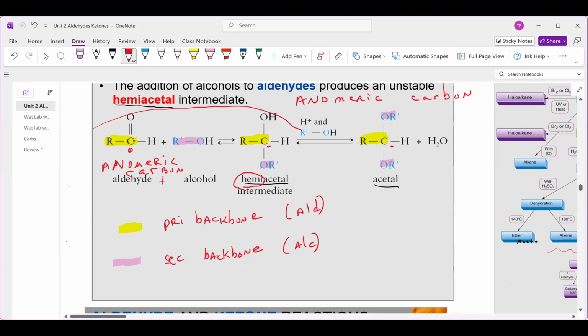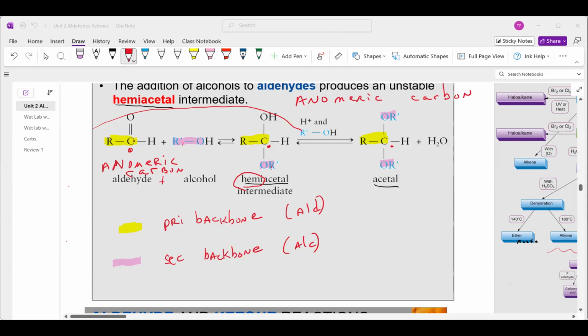Now, remember I said we have to have two backbones. The alcohol backbone is the secondary backbone. So when these merge together, here's the secondary one here, coming from the alcohol, attaches to the anomeric carbon once again.